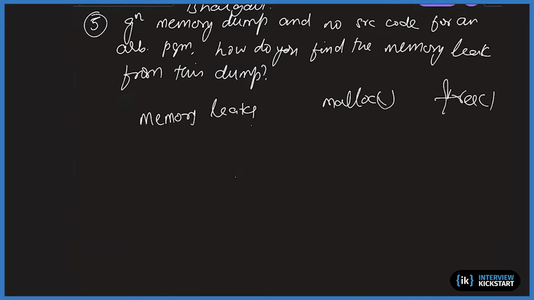You may not be doing a free, or you may have done a free and then used stale pointers, and so on. Basically, the cause of a memory leak is that you're not freeing it. How do you detect a memory leak?